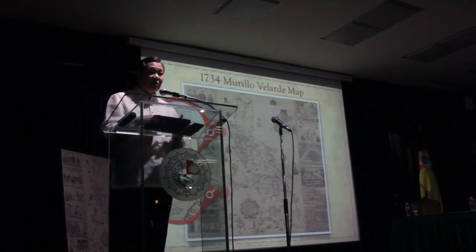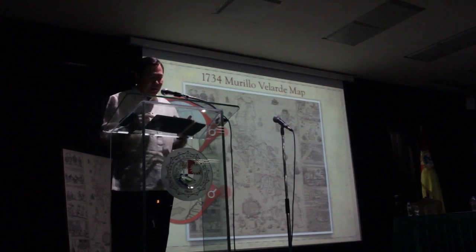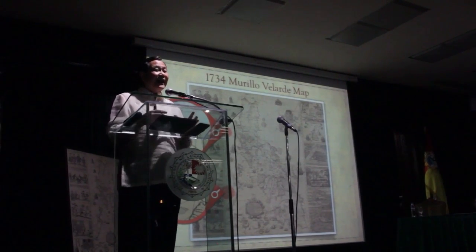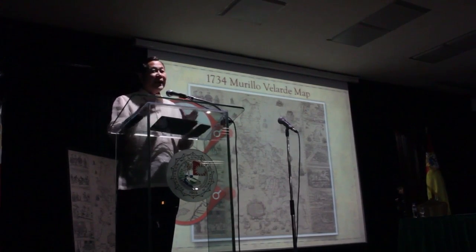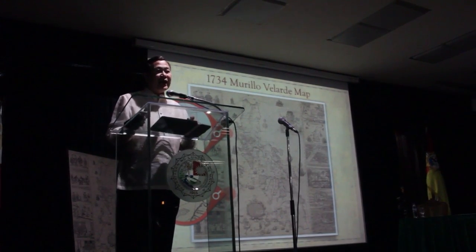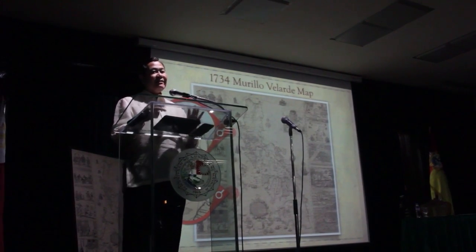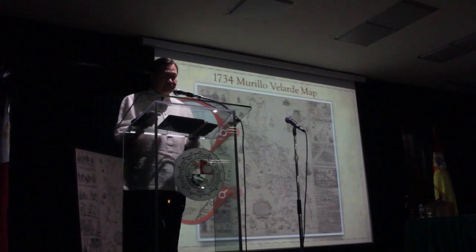So that's the story of the map. But the British, when they ran out of copper, melted the copper plates of the map to make their own Admiralty charts. So we don't have those copper plates anymore.